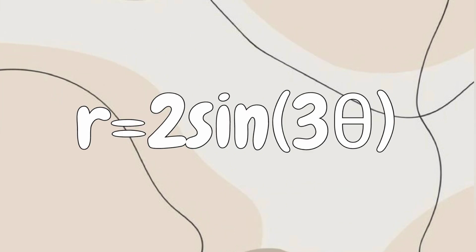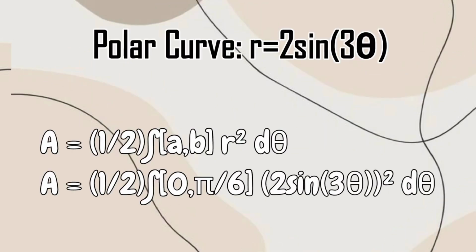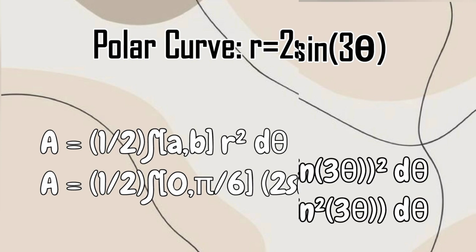Now let's say we want to find the area bounded by the polar curve r equals 2 sine 3 theta, and to do this we need to integrate. Area is equal to 1/2 of the integral from 0 to pi over 6 of 2 sine 3 theta, squared, d theta.